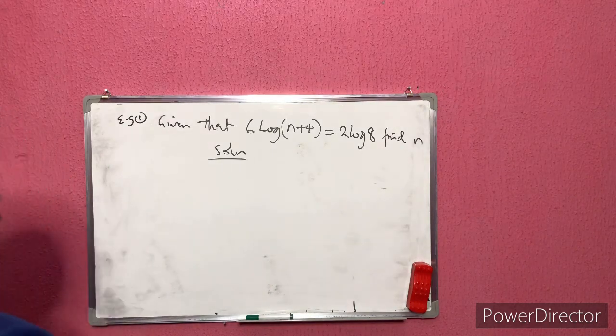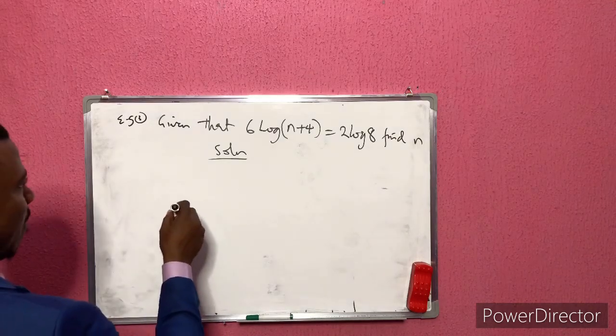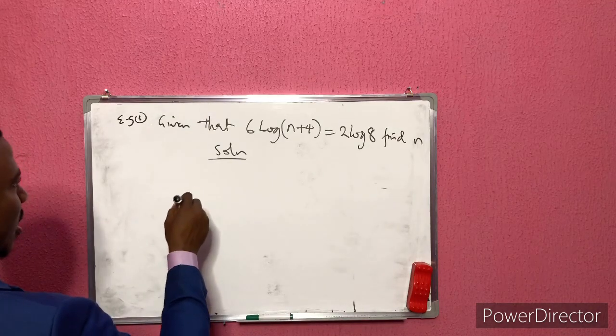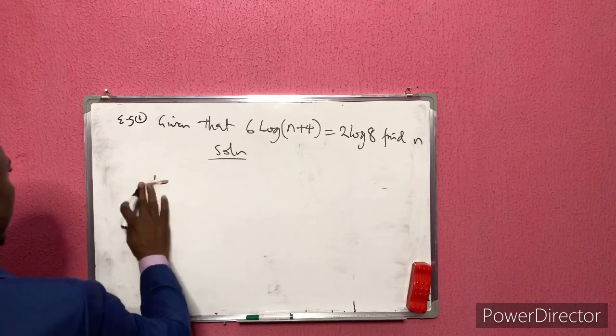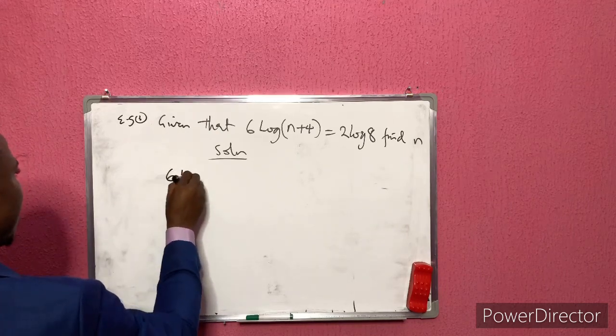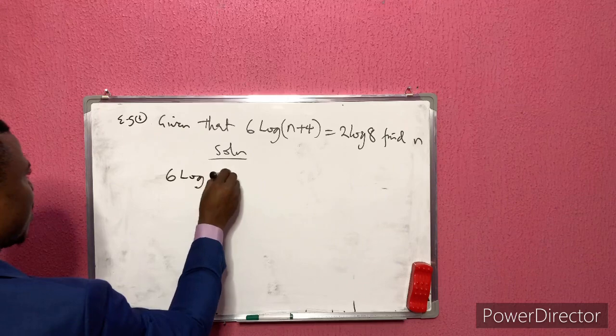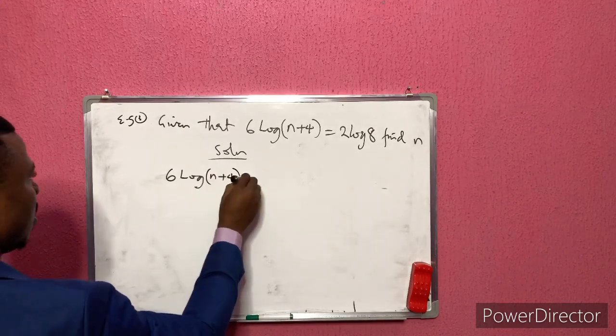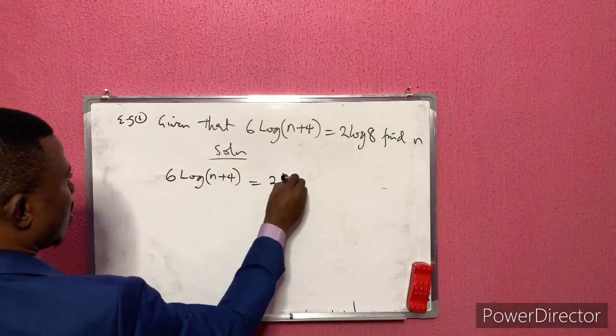Okay, we can say 6 log (n plus 4) is equal to 2 log 8.